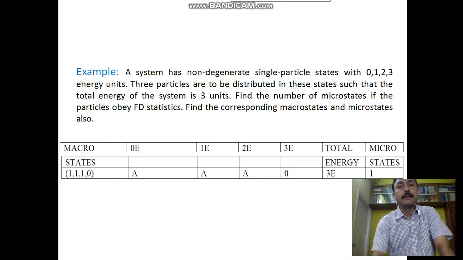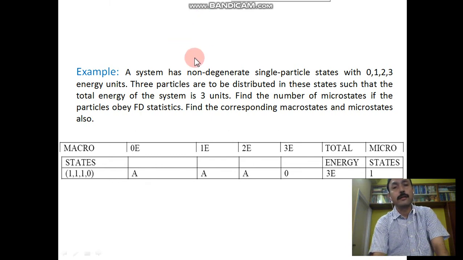Now, the number of particles is 3 and the number of states is 4. So here we are representing 0E, 1E, 2E, 3E. These are the energy states. Now these 3 particles should be placed in these energy states so that the total energy becomes 3.